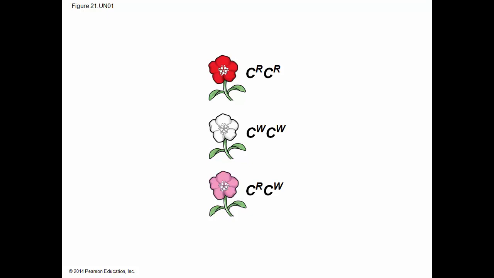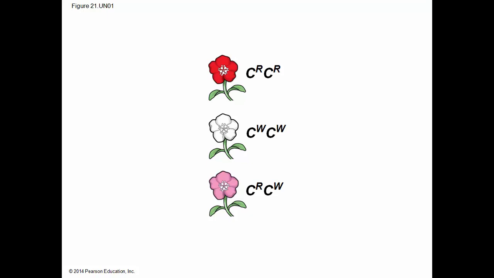Okay, so here is an example of incompletely dominant alleles. When the red allele and the white allele combine, the heterozygous form is pink. We use this example of these flowers because it's easier to imagine the next process that we're going to describe, which is the Hardy-Weinberg equilibrium.